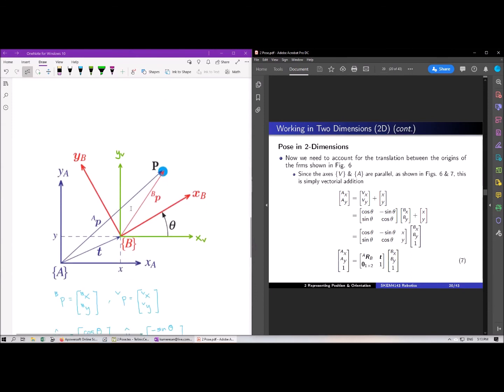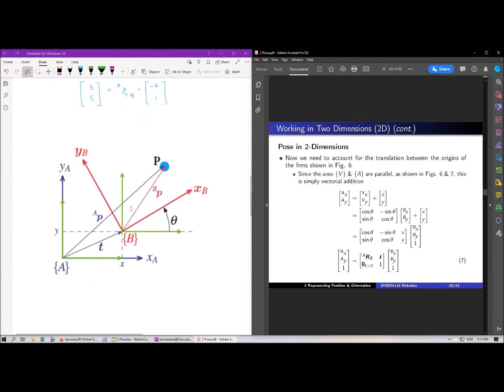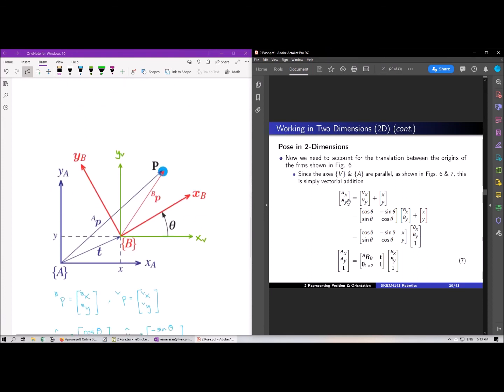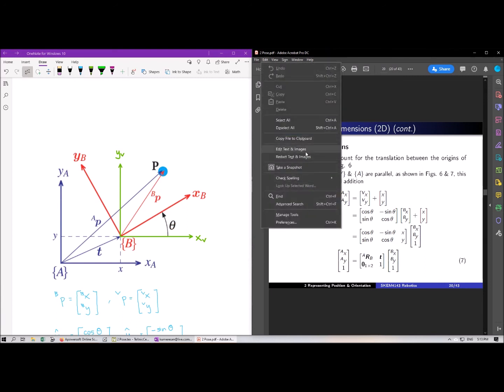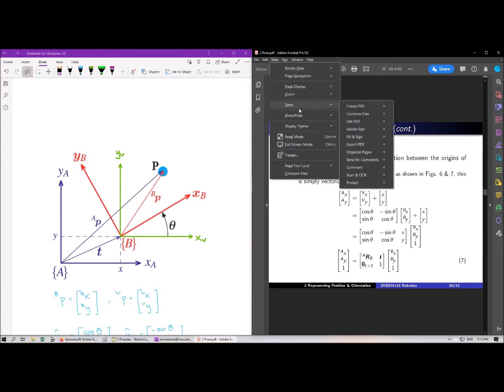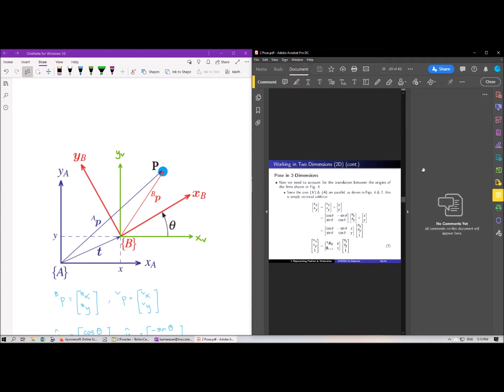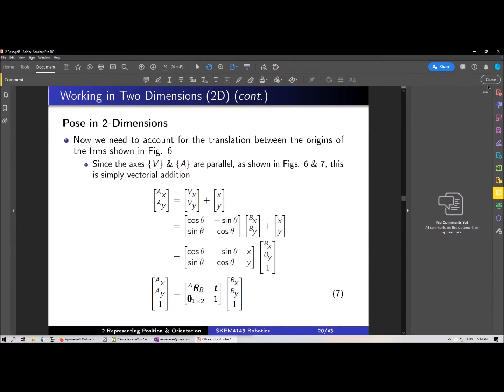If you remember, this is PA. Let me try to write this here. I think it becomes smaller, so it's not convenient, but let me try it anyway.